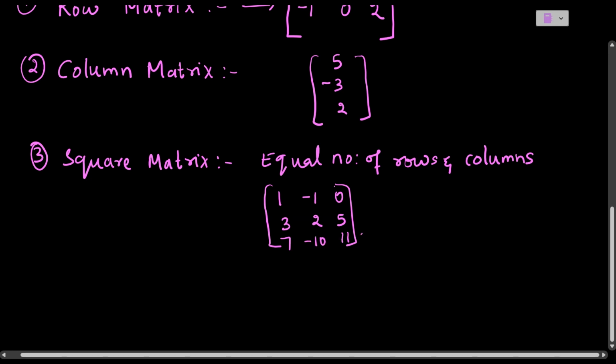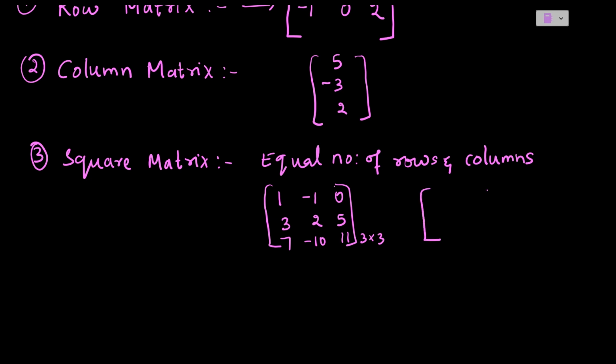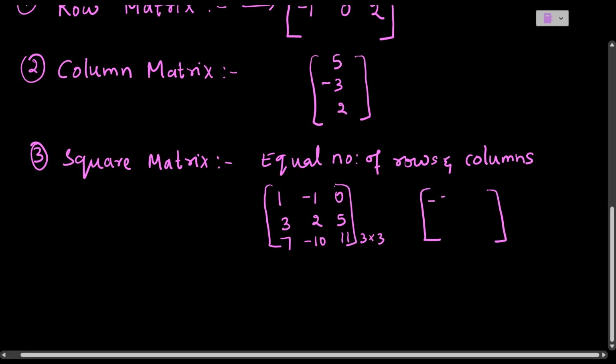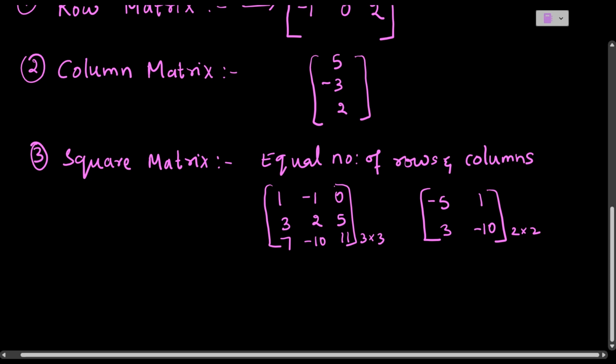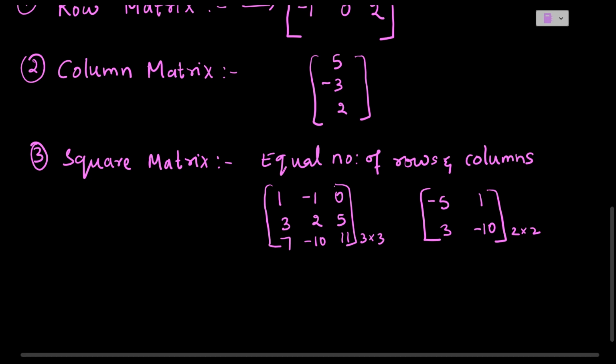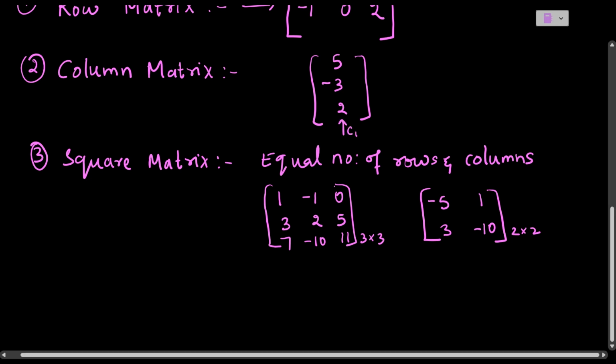This is a 3 by 3 matrix. See, the number of rows and columns are equal here. So here -5, 1, 3, -10. This is a 2 by 2 matrix. The number of rows and columns are equal, so this type of matrix is called square matrix.